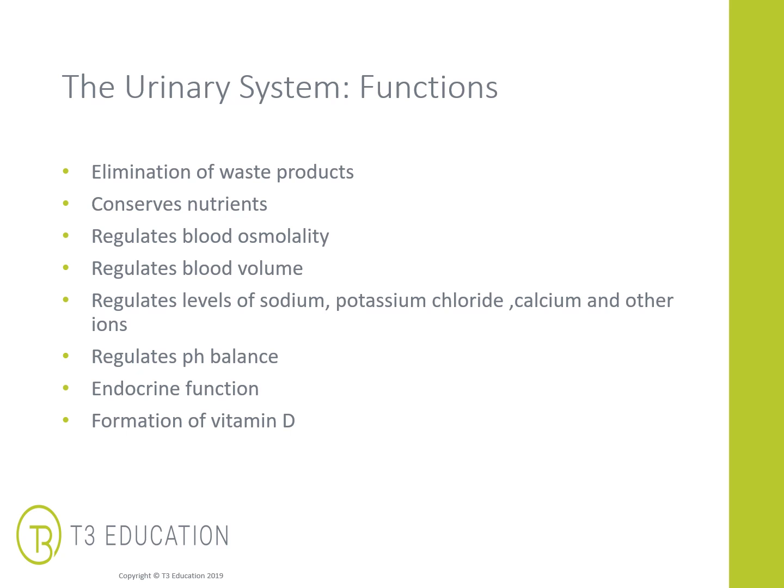So the urinary system also integrates with the hormonal system or the endocrine system because it does have an endocrine function. So the urinary system releases 2 key hormones. The first is calcitriol, and that's an active form of vitamin D, which leads on to the final point there, that it's critical in the formation of vitamin D. So it's through this hormone that it helps to regulate calcium homeostasis.